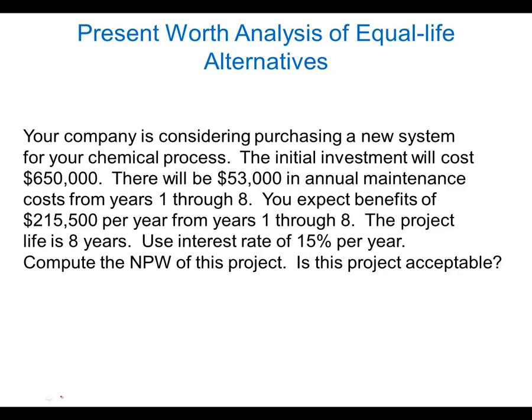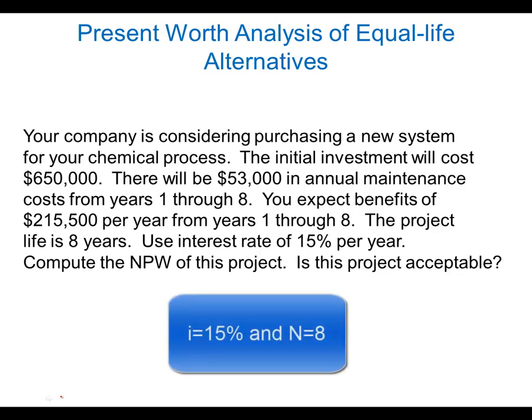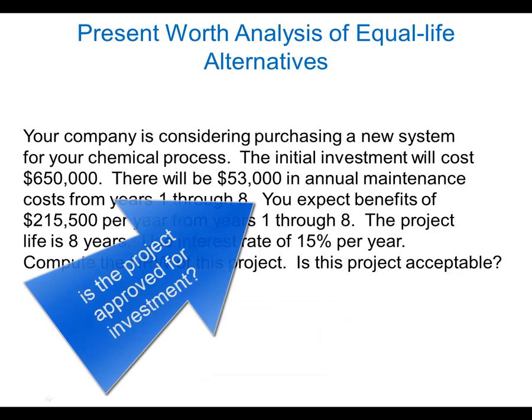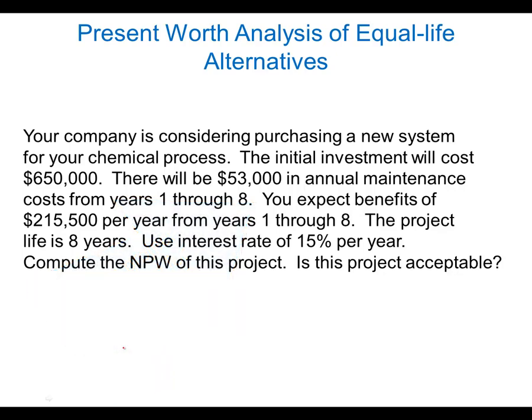In this case, we need to subtract the 53,000, the maintenance, from that, and look at the interest rate, which is 15%, and N in this case is 8 years. The question is: is the project acceptable? Are we making money here? What is the net present worth for this project?